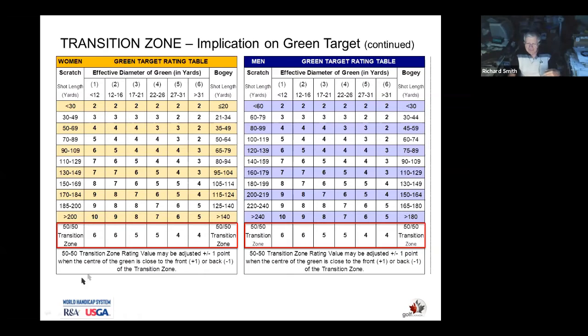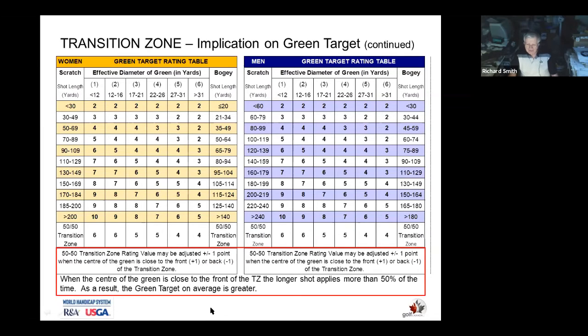So they've already put a row in the table which gives you the average of the longs and the shorts. Like here, the 6 is the average of the 10 and the 2 and all the way across. So rather than you having to do that, if it's going to be a 50-50 transition, just use values from this transition row of either the men or women's tables, as the case may be.